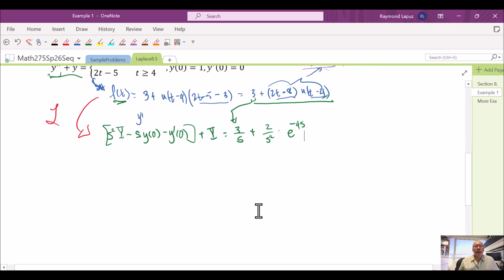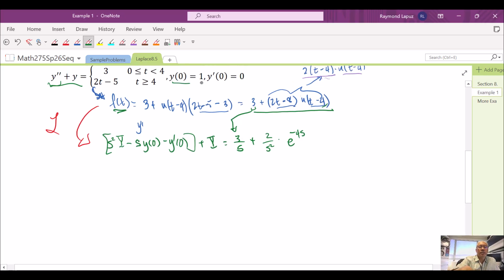Let's solve for capital Y. We're going to use y of 0 is equal to 1, and y prime of 0 is equal to 0. So this is going to be s squared Y minus s minus 0 plus Y is equal to 3 over s plus 2 over s squared e to the negative 4s.